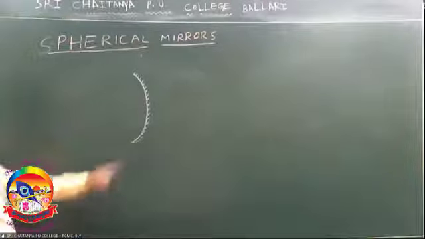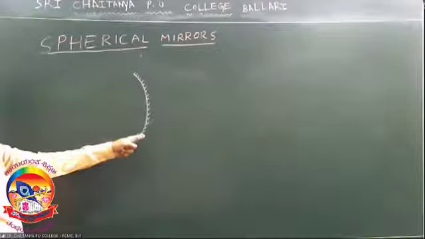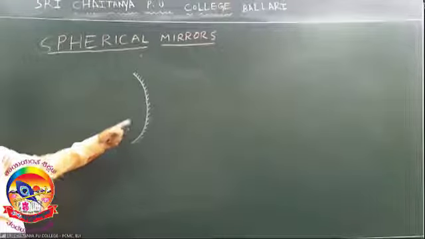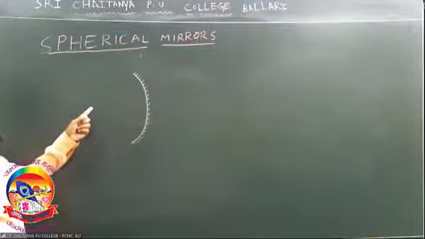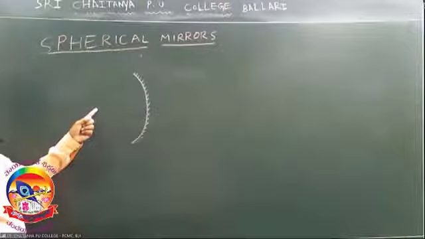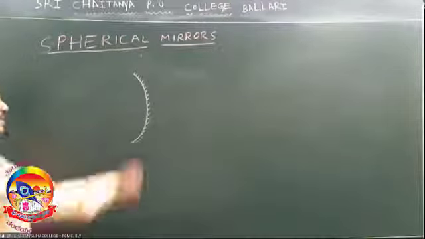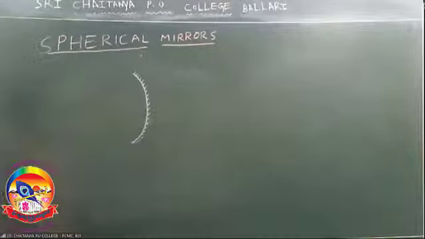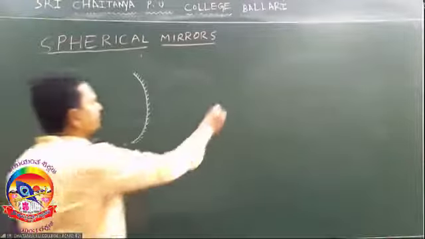Because the outer surface is polished and the inner surface is the reflecting surface, or the surface towards the center of the imagined sphere is the reflecting surface. The surface away from the center is polished. So this is concave.